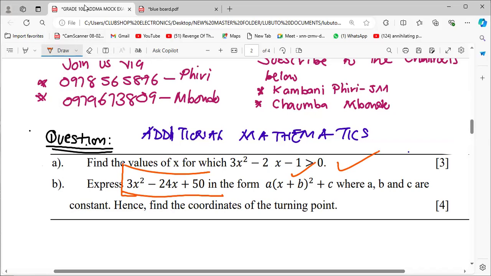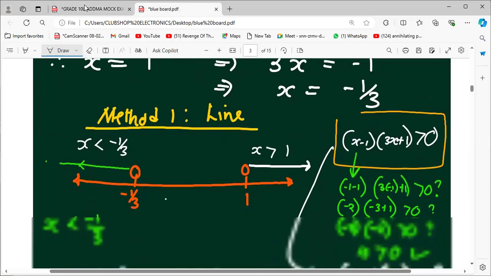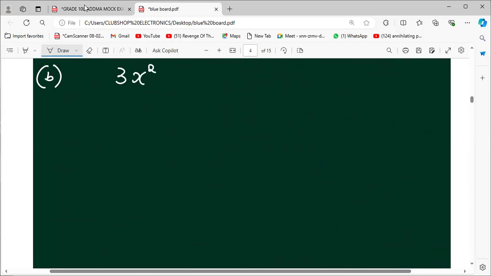Okay, so we have part B. What do we have? We have 3x squared minus 24x plus 15.